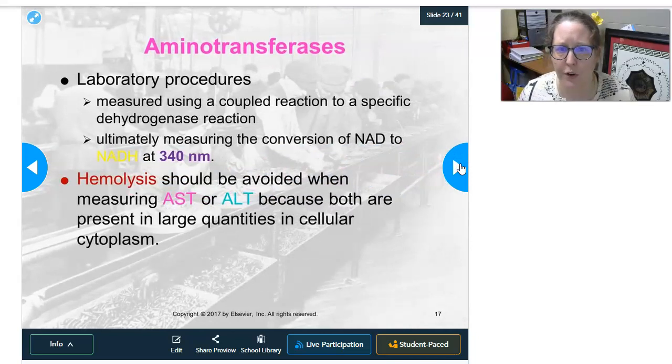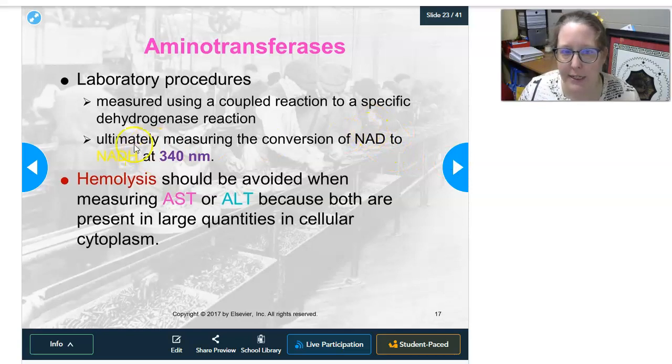For the lab procedures for your aminotransferases, they are measured using a couple of different reactions that are coupled to a specific dehydrogenase reaction. Ultimately, they measure the conversion of NAD to NADH at 340 nanometers. And as you saw, I color-coded it.